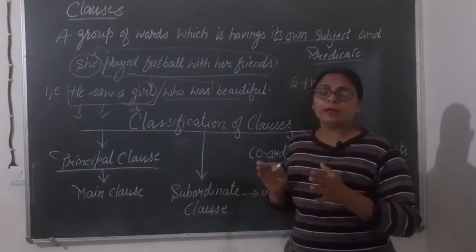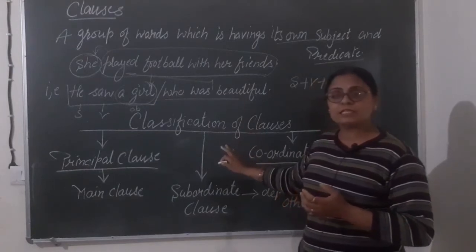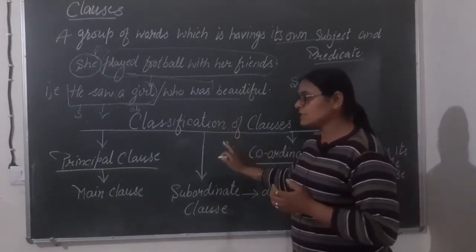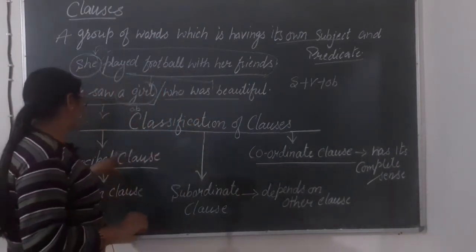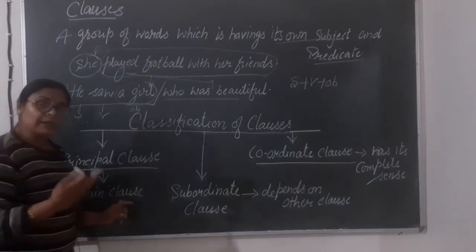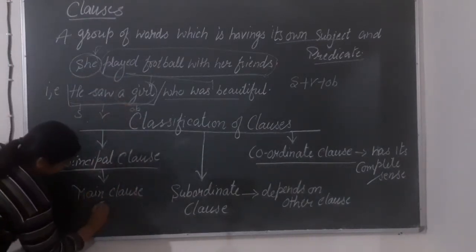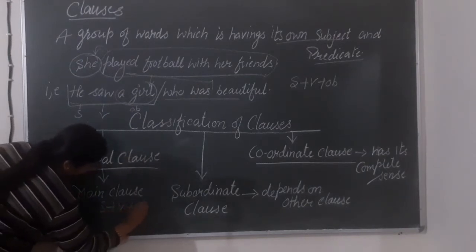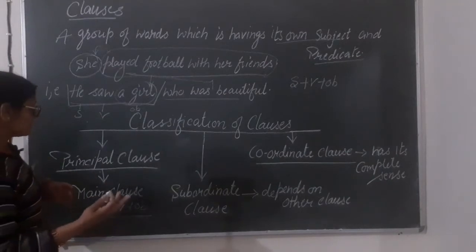Now you will think, what is the classification of clauses? For that I have written the classification here. In this classification we have three kinds of clauses. First is the principal clause, that is also known as the main clause. Why is it called the main clause? Because in this we have the same thing, subject, verb and object, and it gives a complete sense of the sentence.